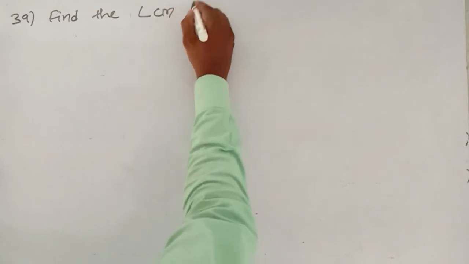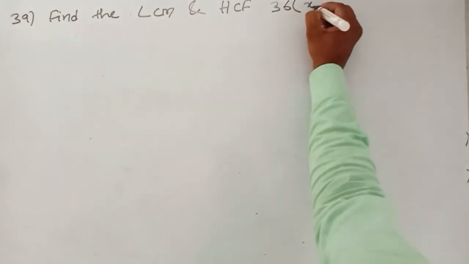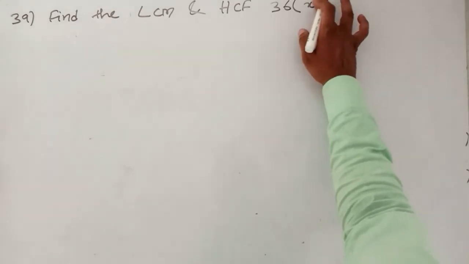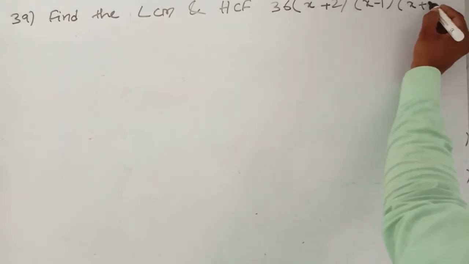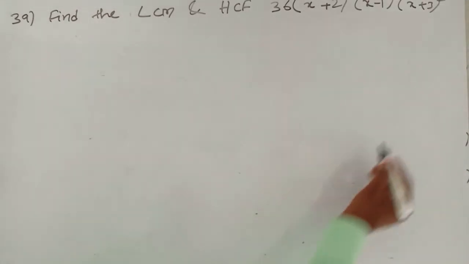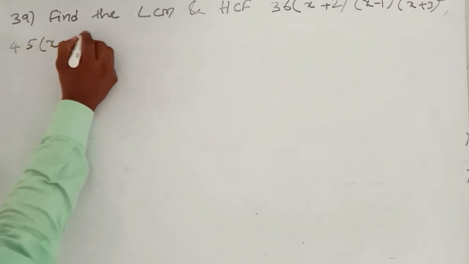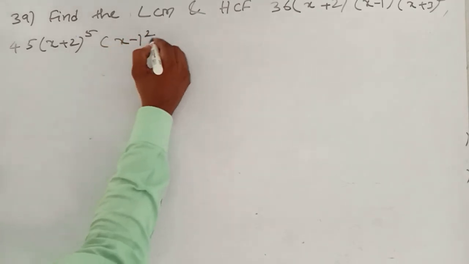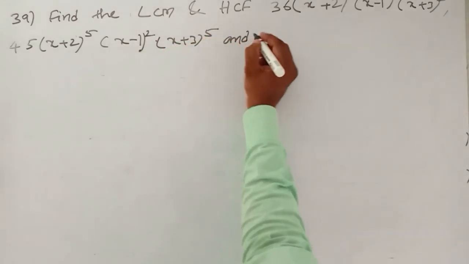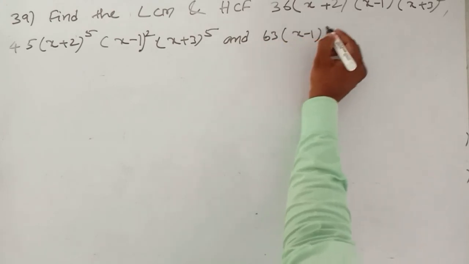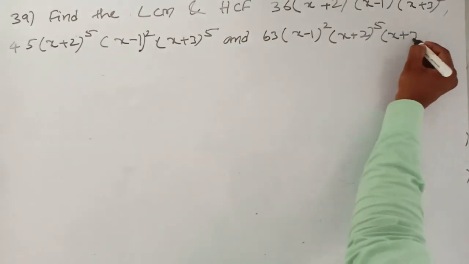Find the LCM and HCF of 36 into (x+2)^2 into (x+1)^2, sorry, (x+2)^2 into (x-1)^3 into (x+3)^5, comma, next expression is 45 into (x+2)^5 into (x-1)^2 into (x+3)^5 and 63 into (x-1)^2 into (x+2)^5 into (x+3)^4.